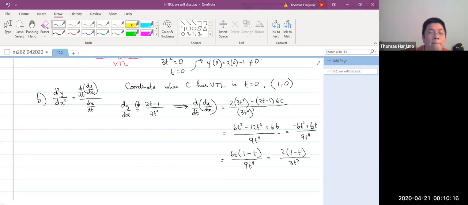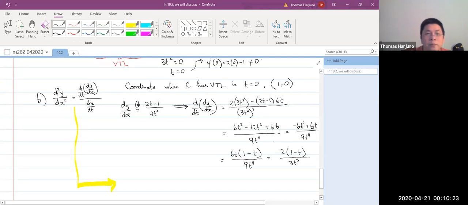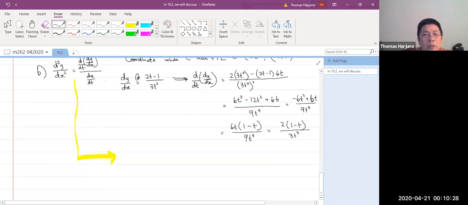Now then, the second derivative of y with respect to x will be, on the numerator, we have this guy, 2 times 1 minus t over 3t cubed. The denominator, we have dx dt.